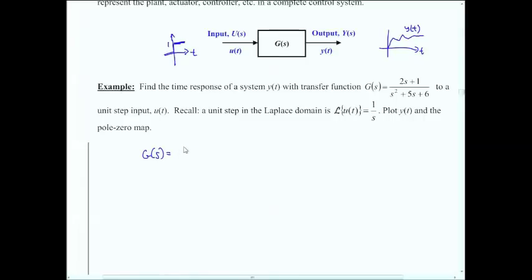G of s is equal to 2s plus 1 over s squared plus 5s plus 6. So let me find the poles and zeros of this. Just leave the numerator alone at the moment, 2s plus 1. I factorize the denominator and I get s plus 2, s plus 3.